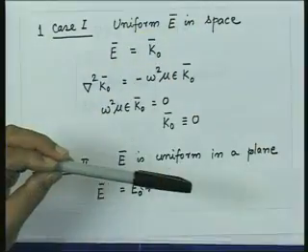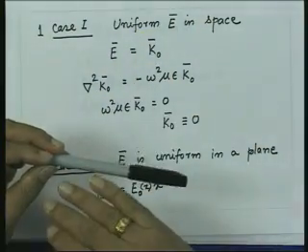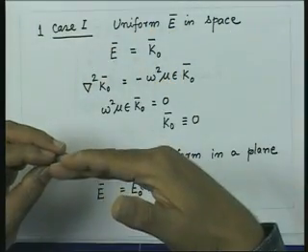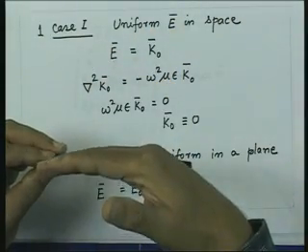Then we can take the third possibility, where I have the electric field oriented in the x direction. It is not constant in this plane. It is constant in any plane passing through this, and without losing generality I can take either this plane or this plane, and assume that the field is constant in this direction.